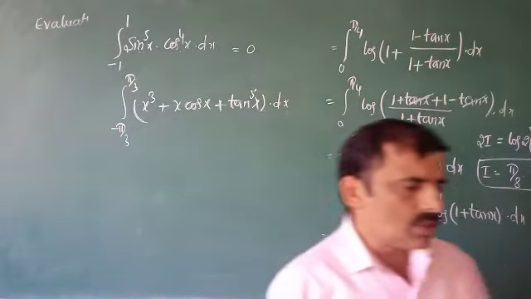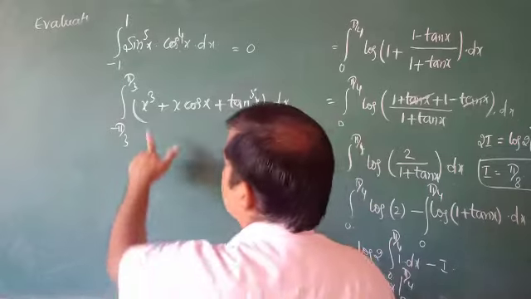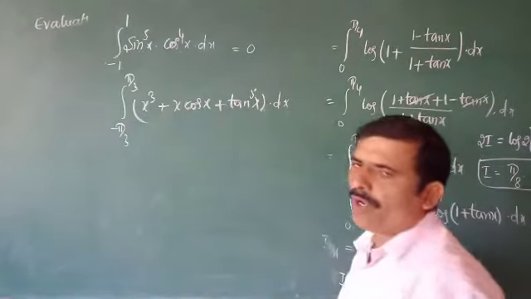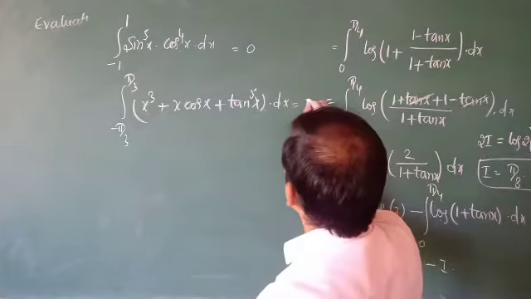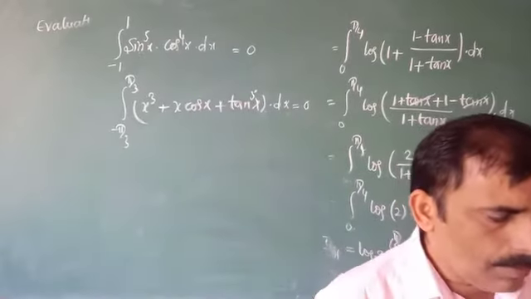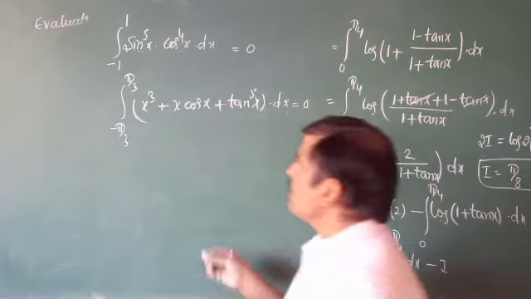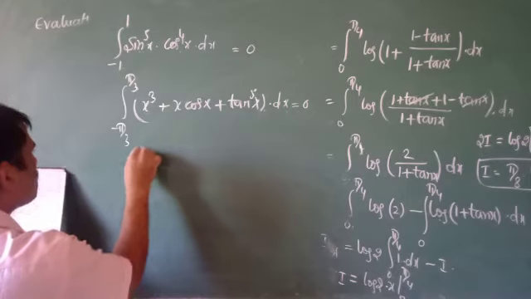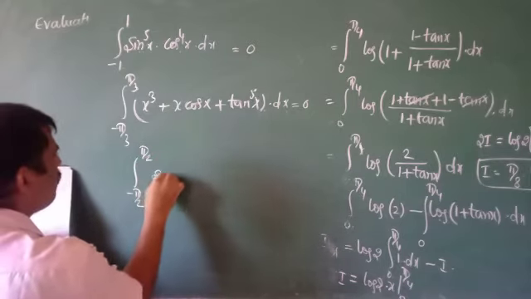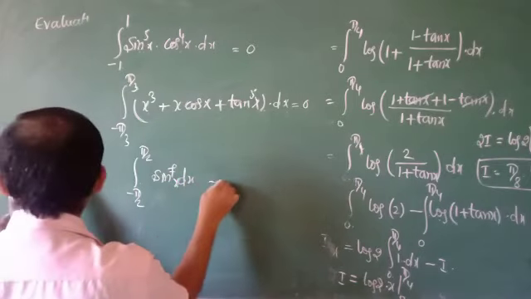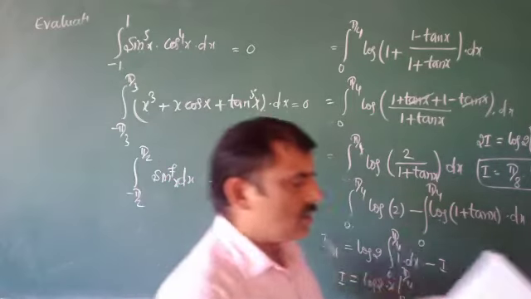That one is also the same: x cubed is an odd function, x is an odd function, tan to the power of 5x is also an odd function, so it is equal to 0 by the properties. The next one is the integral from minus pi by 2 to plus pi by 2 of sin to the power of 7x with respect to x, which is always equal to 0.